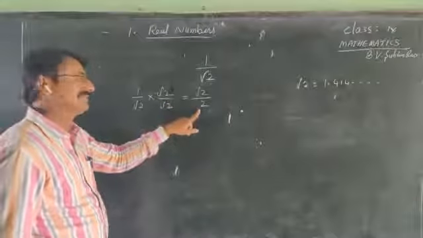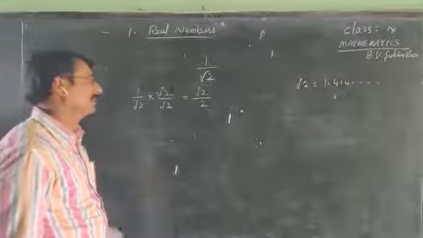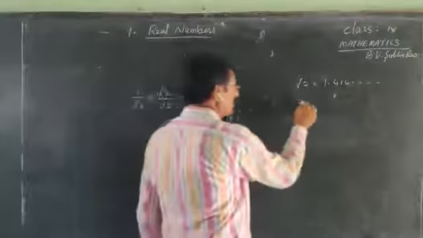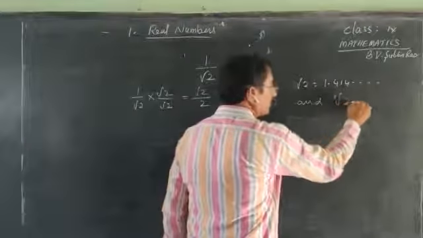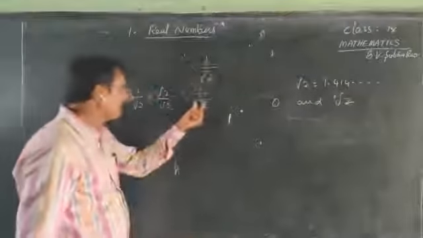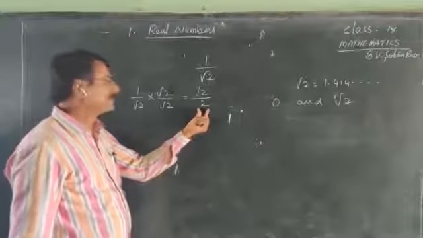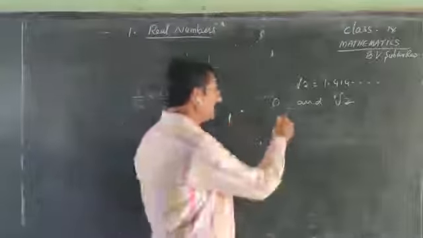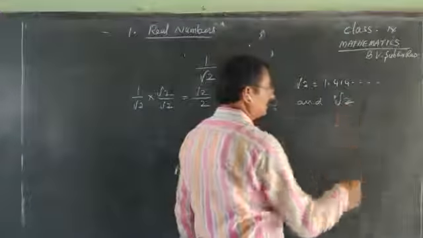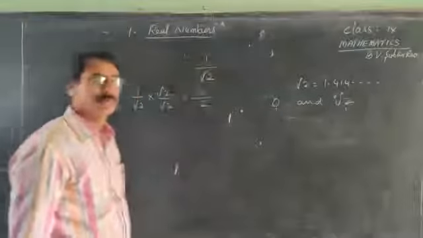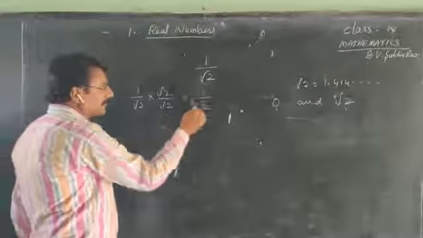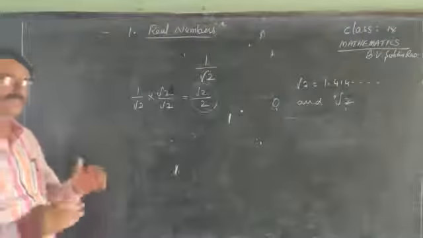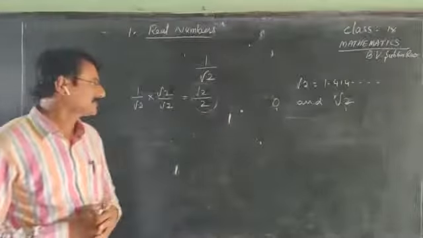And this one on the number line, the position of this one is between 0 and root 2. So the place of root 2 by 2 is between 0 and root 2. Now represent this one on the number line as visualized.